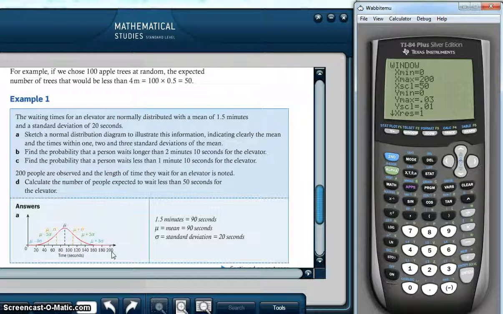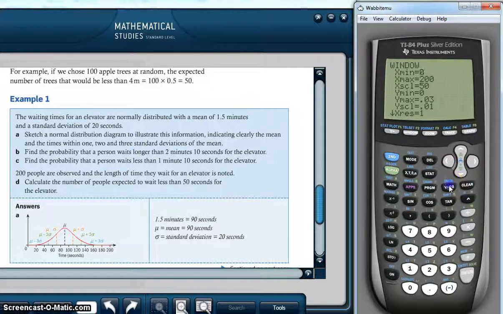Maybe 4 standard deviations, just so you see everything. I'm going to scale it by 50 so I don't have a lot of marks down there that will distract me from what I'm trying to look at. What's important is that your y range is very small. So in this case, I'm going to go from 0 to 0.03. We may find that something even smaller works. Then my scale will be 0.01. Okay, so you have to make sure you set that window up first.